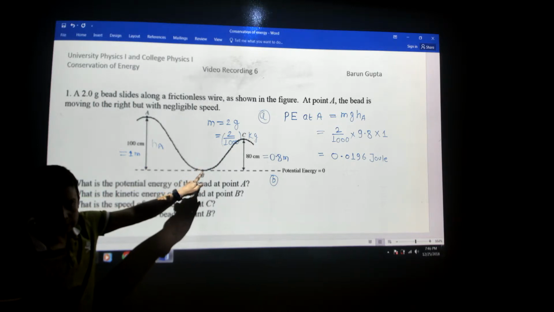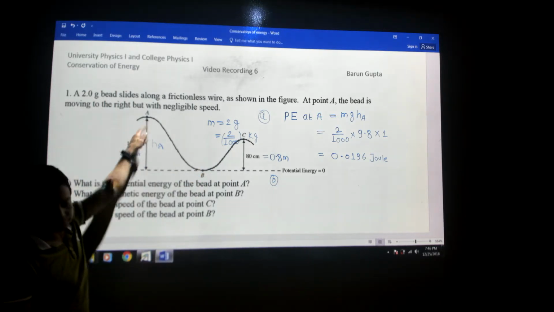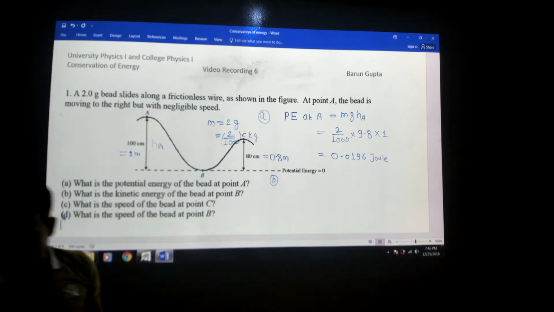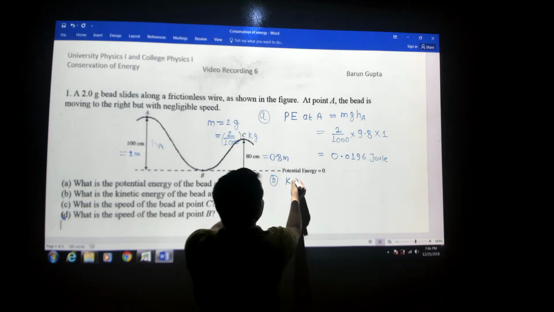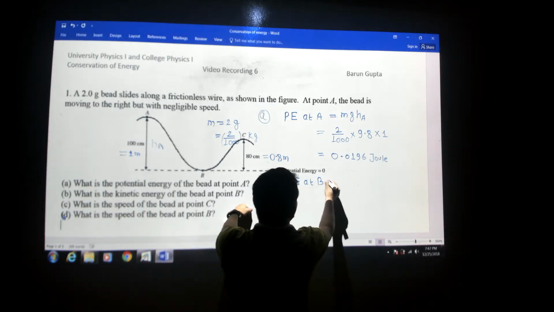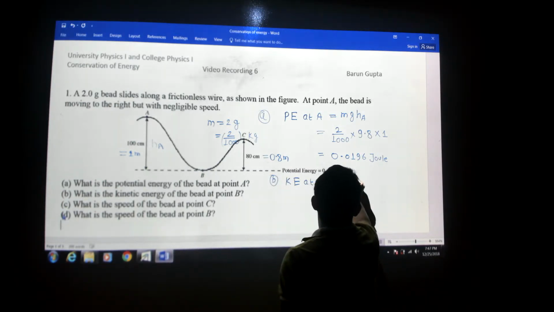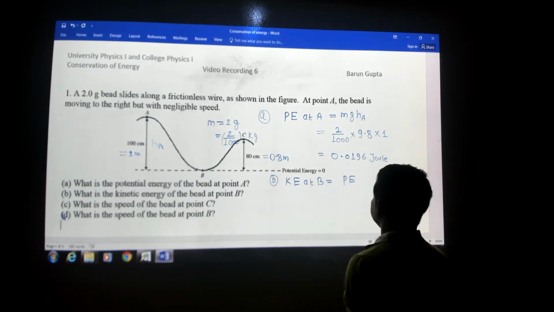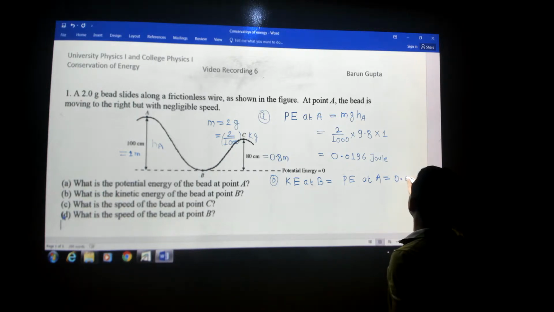So the kinetic energy at this point is the same as the potential energy at this point. So life is pretty simple here. You don't need to do anything. The kinetic energy at B is simply equal to potential energy at A, and this is equal to 0.0196 joule.